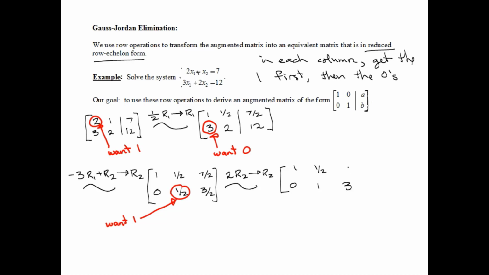First row still the same. So right now we have it in row echelon form. If we were going to do Gaussian elimination with back substitution, we would be through with our row operations, but we want to get it into reduced row echelon form. So we want to get this into a 0.